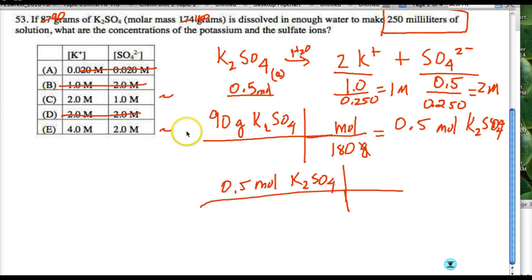So I come up with, if this is not 2, that's 4. What am I doing? So if this is 2 molar, then this is, because this is a quarter in that, yes, so 4 molar. So then this is your answer. So I only had to go here to figure this part out because I had another answer that would have worked.